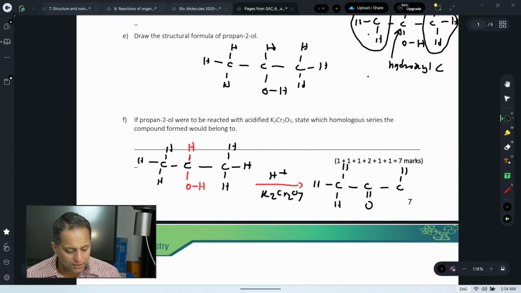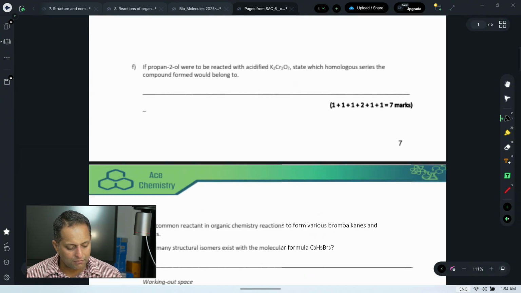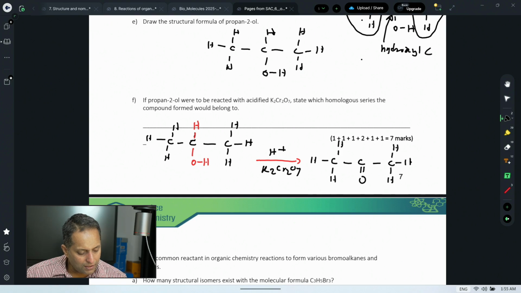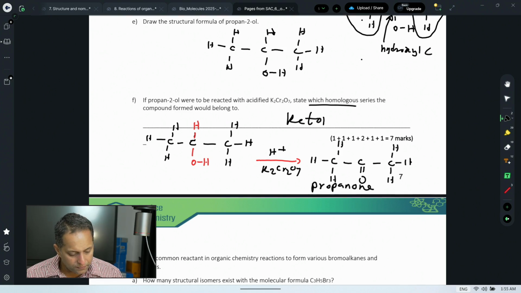Other atoms don't change. So you get this. Is that clear? You get a ketone. The question is asking, what's the name of that? This is propanone. Okay, this is a ketone. The homologous series is ketone. Simple.